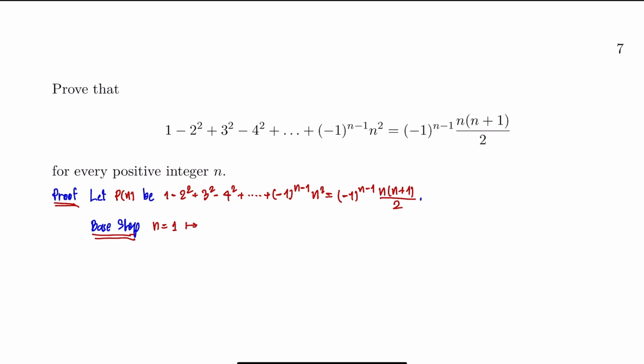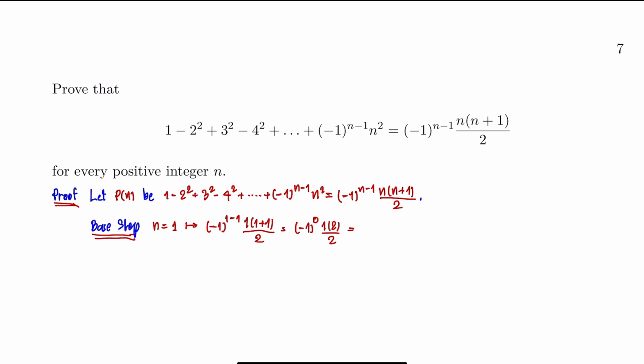So let's plug in n equals 1. We have (-1)^(1-1) times 1 times (1+1) over 2. So we have (-1)^0, 1 times 2 over 2.